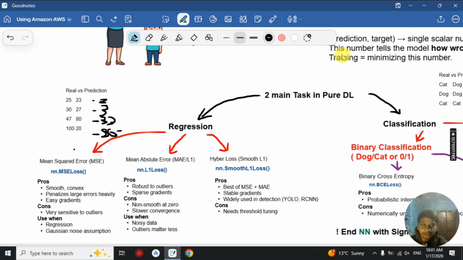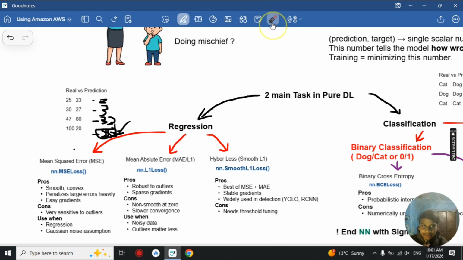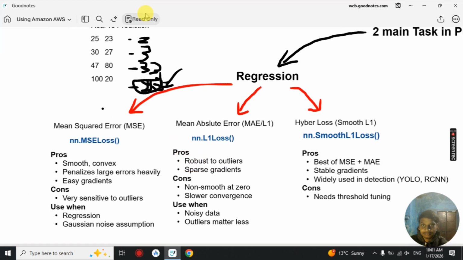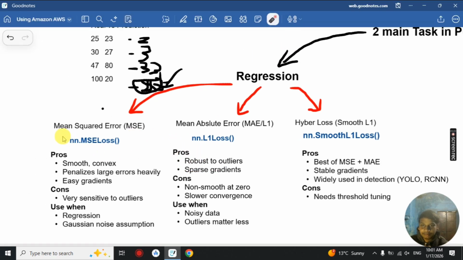The whole training module is to minimize this loss, and it is done by using three functions. So let's dive into it. First is mean square error. Basically it squares the error between these.